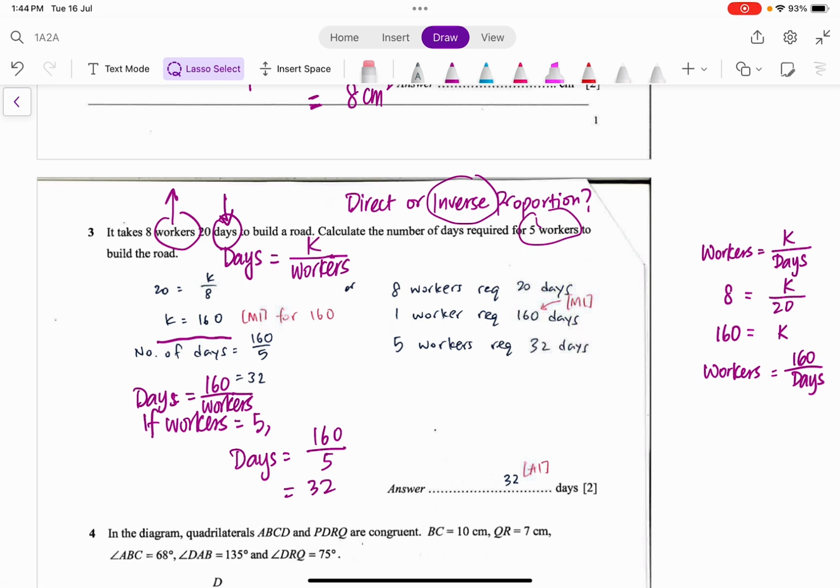Think about it. I need 8 workers. Each of them needs 20 days. Now I only have 1 worker to do all the 8 workers' job. How many days do I need to finish the job alone?